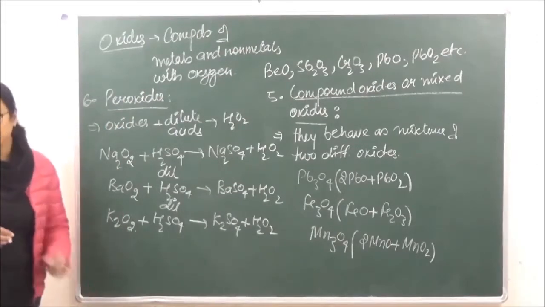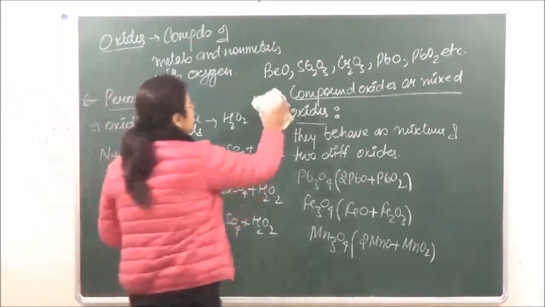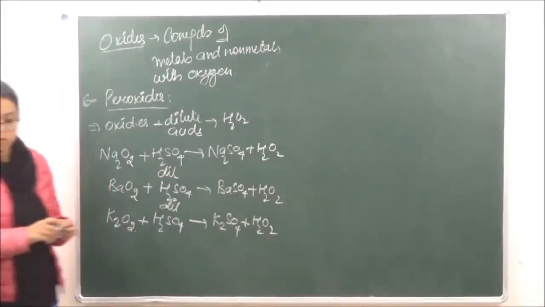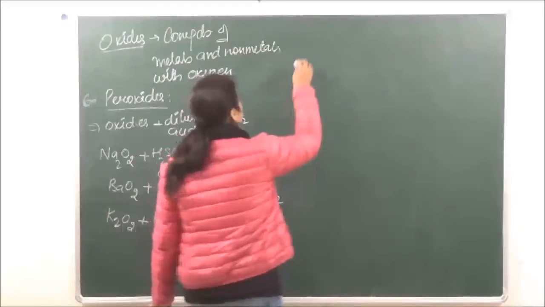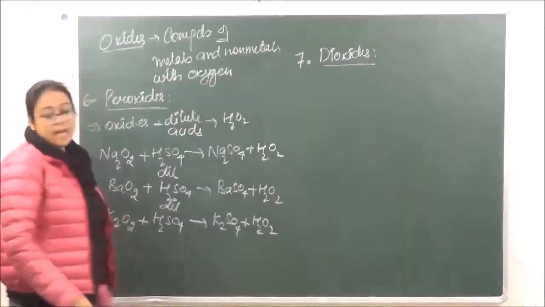ठीक है? The next type of oxides which we have are known as dioxides. So this is the seventh type of oxide which we are discussing over here. अब dioxides क्या होते हैं?